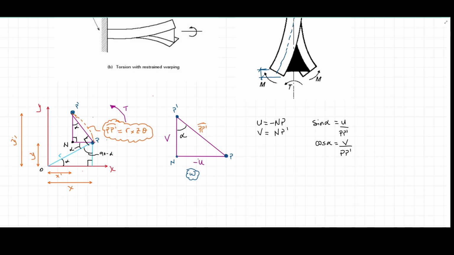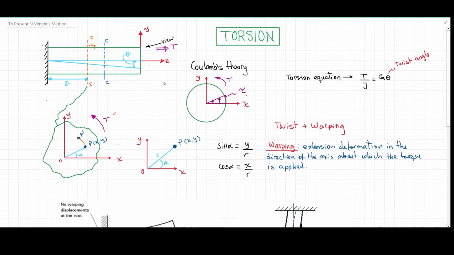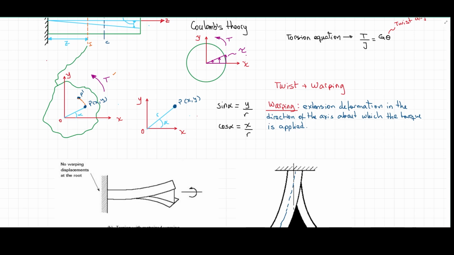So, for example, if I substitute this one into this one, I'm going to say that u equals minus r z theta times the sine of alpha, and that v equals r z theta times the cosine of alpha. This is awesome. But this doesn't end here, because I already know that the values of those trigonometric relationships, as shown in here, can be related to the coordinates x and y.